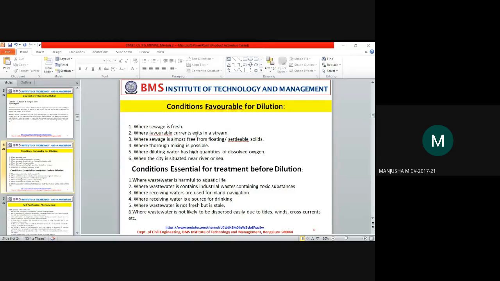Ma'am, for aerobic conditions. So maintaining aerobic conditions helps in which way? Ma'am, for the aquatic life that is under the water. Very good. How much should be there? Ma'am, don't know. Okay, a minimum of 4 milligram per liter should be there for good survival of aquatic organisms.